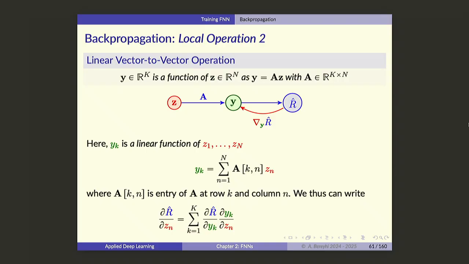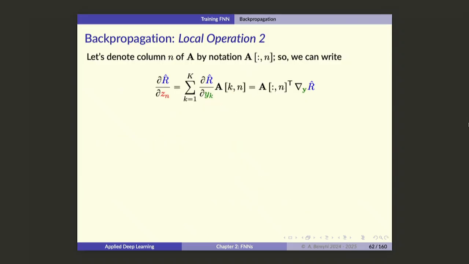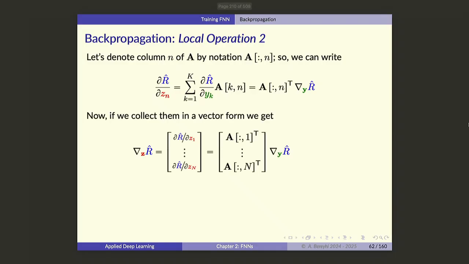And if you do this summation, you're going to end up again with a column of A, which is going to give you this form. So one entry of this gradient with respect to z is going to be the corresponding row of A, transposed, times the gradient of y, which means that the gradient of r hat with respect to z is A transpose times the gradient of r hat with respect to y, okay?